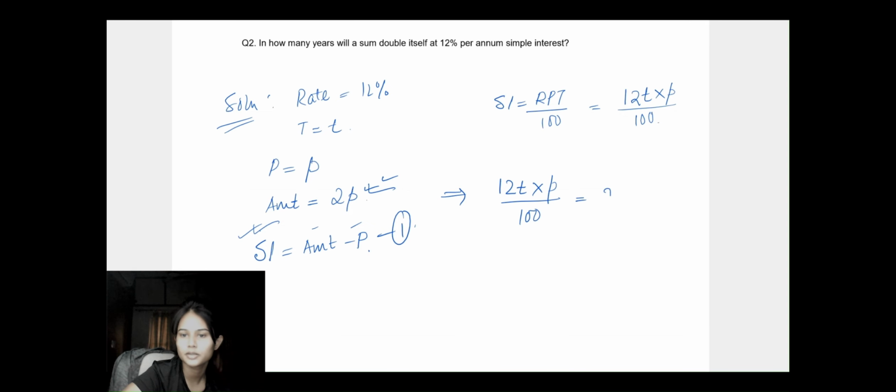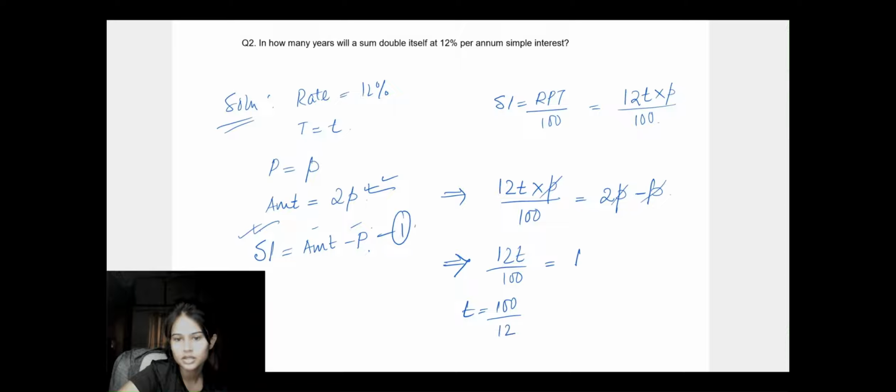Amount is 2P. 2P minus P. What is P? Principal. So that is P. So from here, if I evaluate, can we cancel out the P's firstly? We can. So we are getting 12T by 100 equals 1.